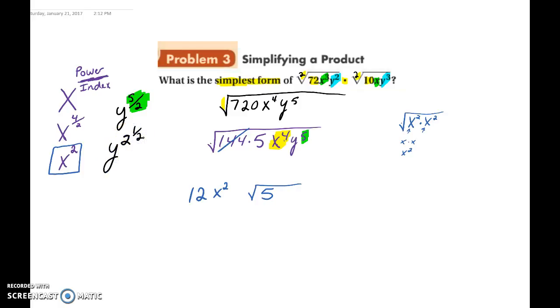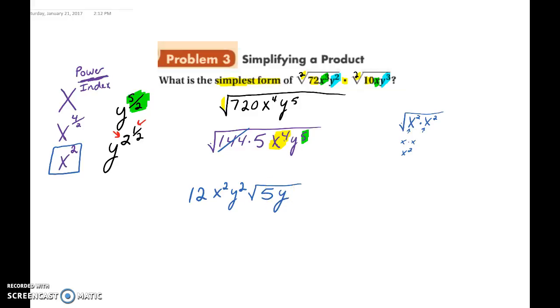Now this whole number, the 2, tells us how many y's we can take out. So I know that 2 y's are going to be coming out of that radical. So I can simplify the square root of y to the 5th by taking 2 out. And then what's left in your numerator is what stays in your radical. So a y will be left under the radical.